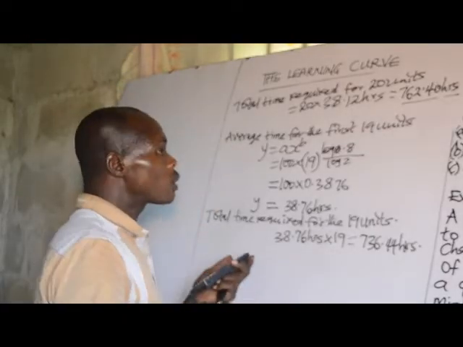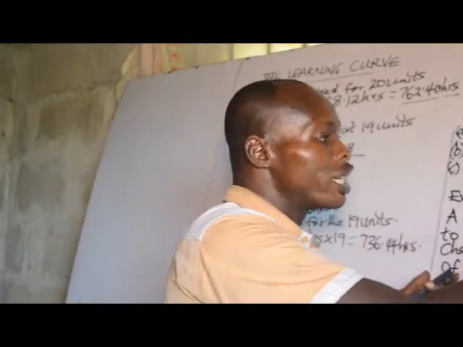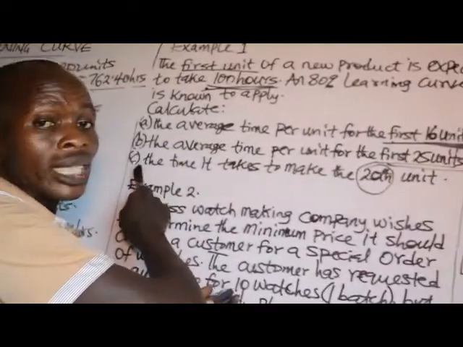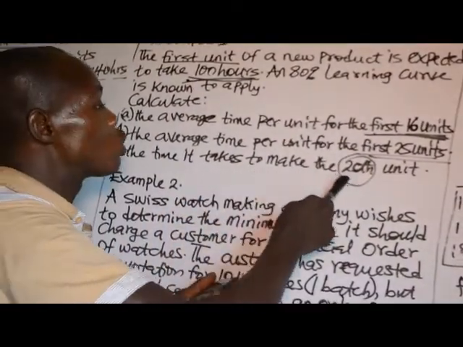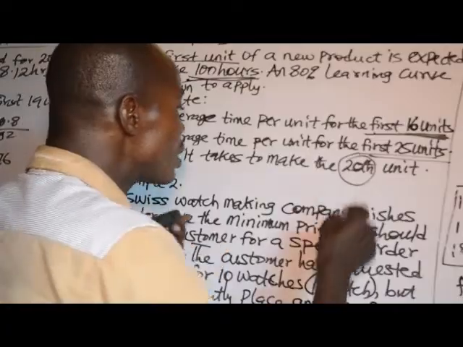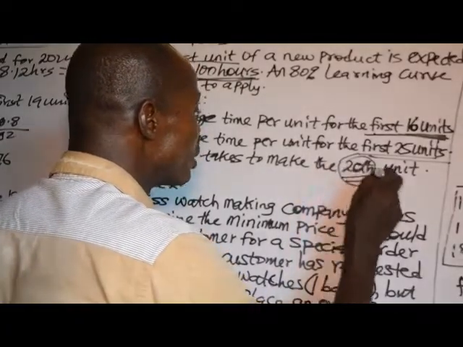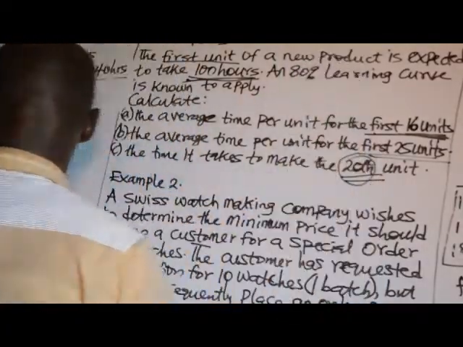Now, you have to calculate the time it takes to make the 20th unit. I'm telling you that 20th, TH, means the 20th position.